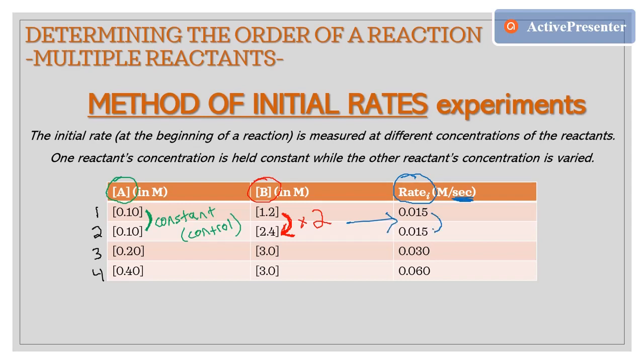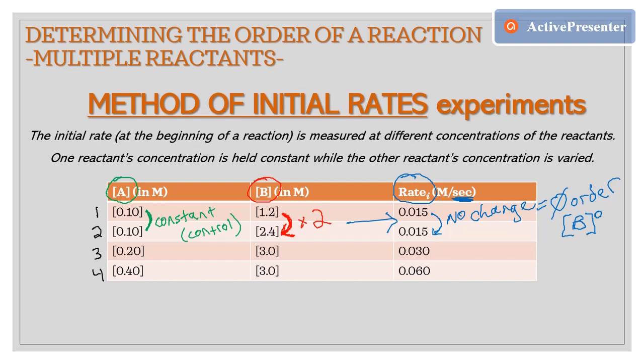And it did not change. The rate stayed the same even though we doubled the concentration of B. So no change. That means 0 order for B. And this is for B because B was the variable, the one we changed the concentrations of. So we're going to write B with brackets and a little 0 next to it.